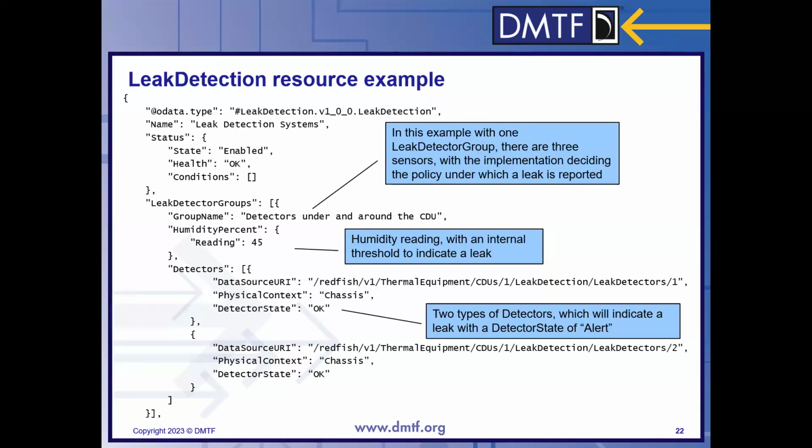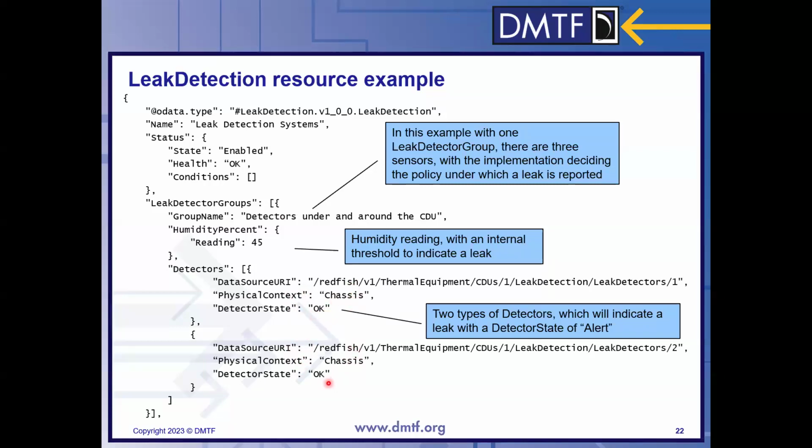So I'll show you one piece here. I'm sorry, this is the leak detection piece, and so there is a group. You can have more than one leak detector group. This particular group says these are the detectors under and around the CDU, and that detector group has a humidity reading, and then it has two individual detector or leak sensors.